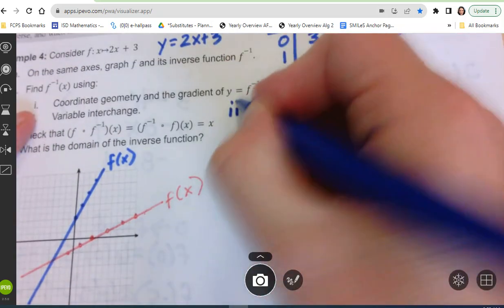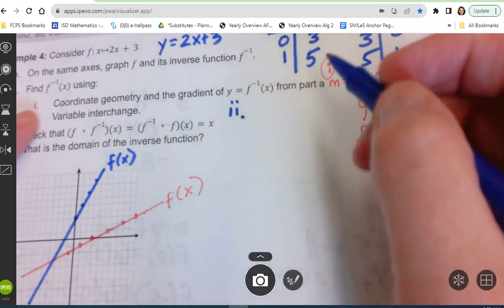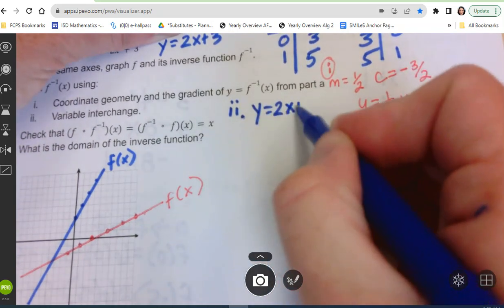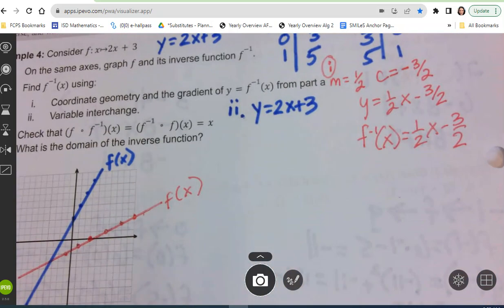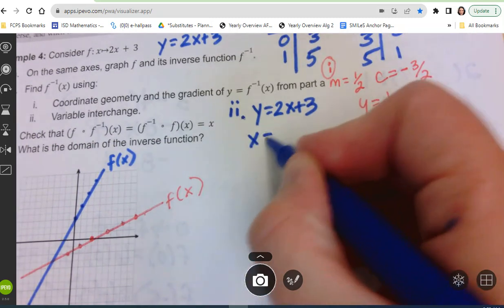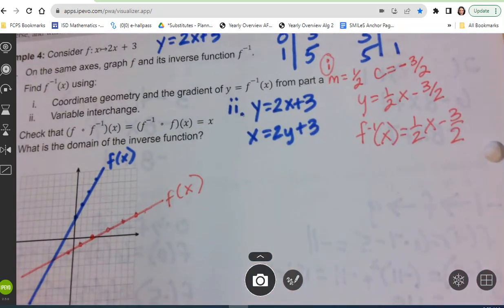We're going to find the equation of the inverse using variable interchange. So you start with this one, y equals 2x plus 3. You switch your x and your y, so now you have x equals 2y plus 3. And then you solve for y. So to get the y by itself, what do I do?